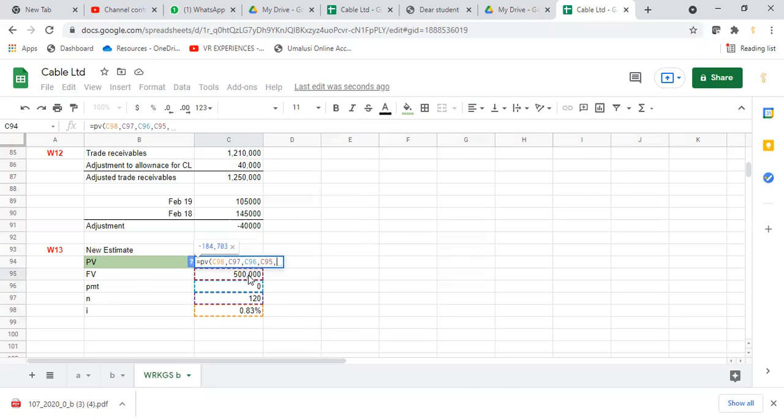So we're paying at the end, so therefore we make it 0. If it was beginning of period, we use the number 1. Okay, so that is the present value of the new estimate as at 28 February 2019.